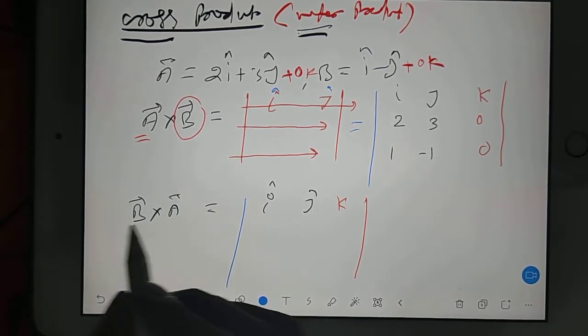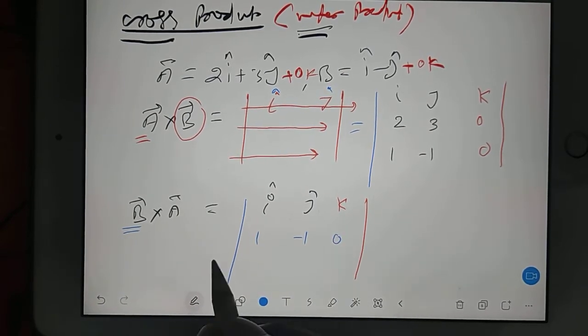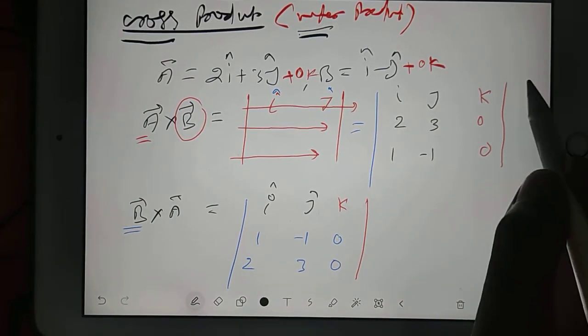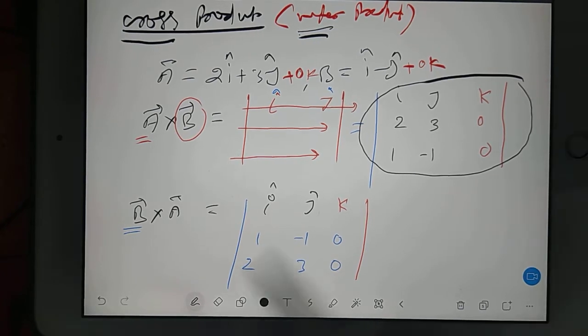So here I am putting the B values: 1, -1 and 0, and the A values are 2, 3 and 0, right? Now you solve the matrix, that means find the determinant.